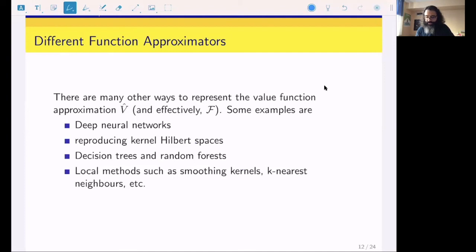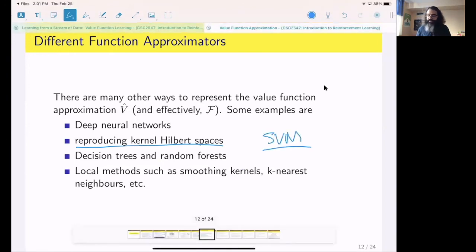One is based on something called reproducing kernel Hilbert spaces. If you recall from your machine learning course, this is the same kernel that you talk about when you talk about support vector machines. These were the method of choice and a topic of a lot of research in the late 90s or most of 2000s, before deep neural networks became the hot topic of research.